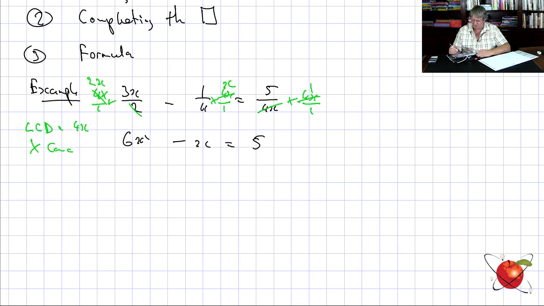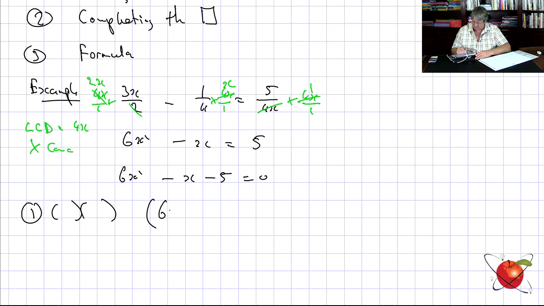I could have brought that across straight away. Let's bring it across now. Not a 4, it's a 6. 6x squared minus x minus 5 equals 0. Right, now we say, okay, part 1, we can factorize using the brackets.